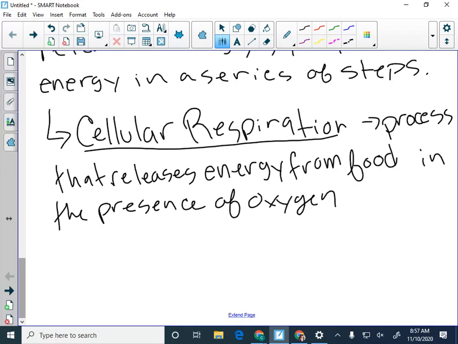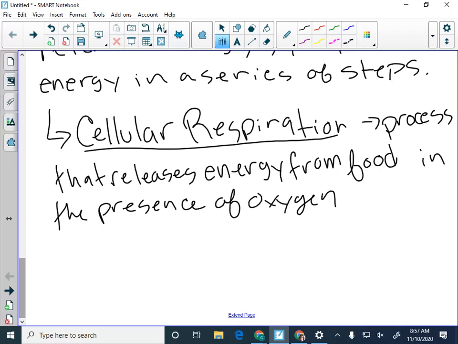If you remember photosynthesis, the equation for photosynthesis is 6 CO2 plus 6 H2O with light gives us 6 O2 plus C6H12O6. That's photosynthesis. I'm going to keep that in mind.